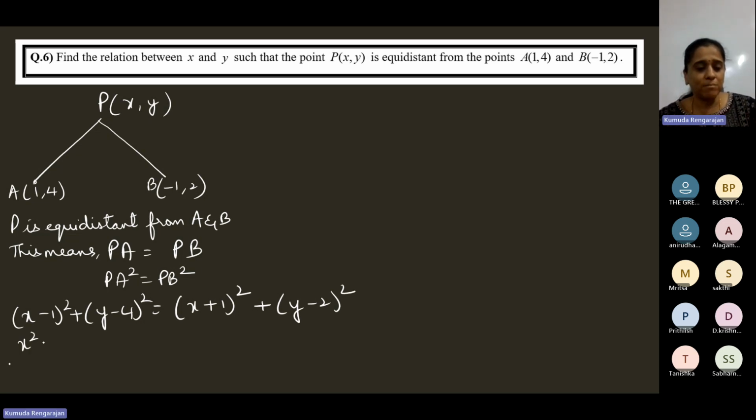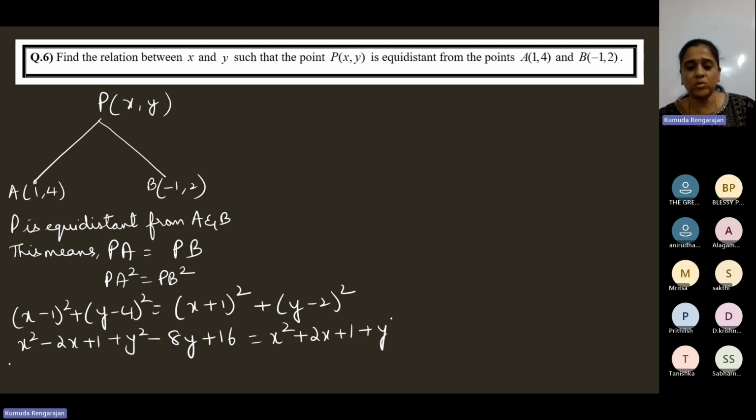So x squared minus 2x plus 1 plus y squared minus 8y plus 16 is equal to x squared plus 2x plus 1 plus y squared minus 4y plus 4. Signs, be very, very careful.